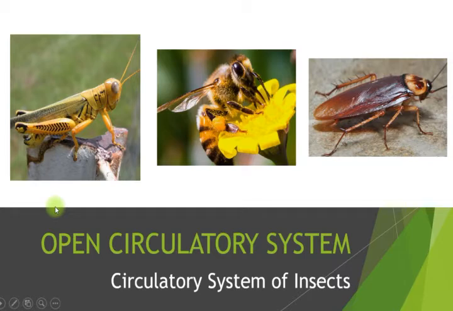Okay, so let's go to the first type of the circulatory system, which is the open circulatory system. We already discussed that there are two types of circulatory system, which are open and closed. In the open circulatory system, the example is the circulatory system of insects.